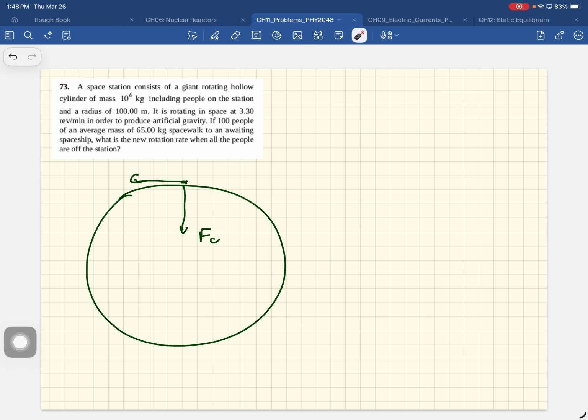And the final moment of inertia, what is the mass? 1,000,000 kg minus 100 people, so 6,500 kg removed.